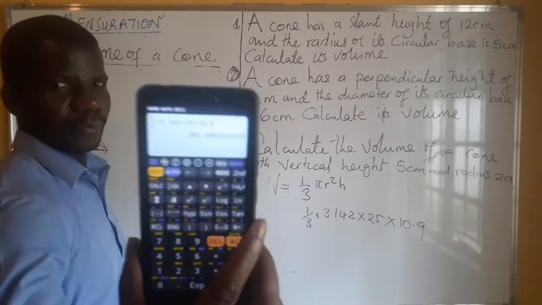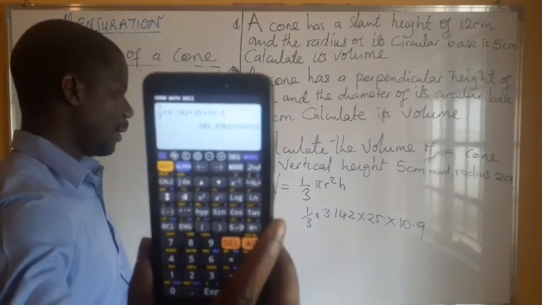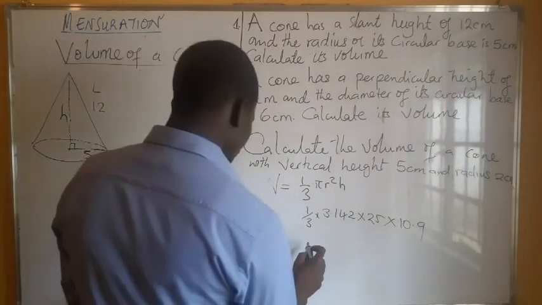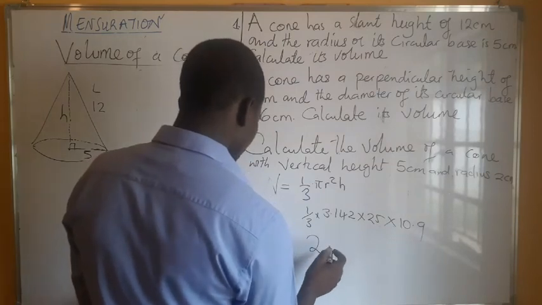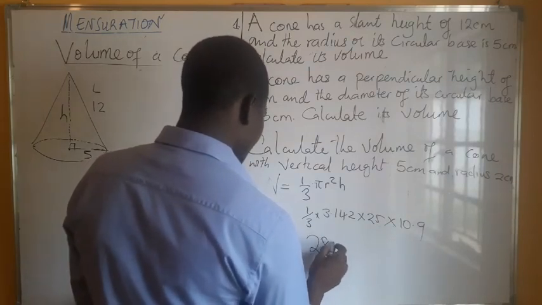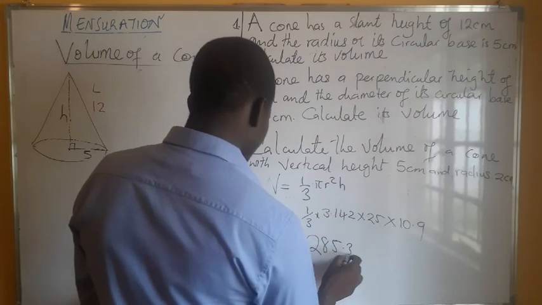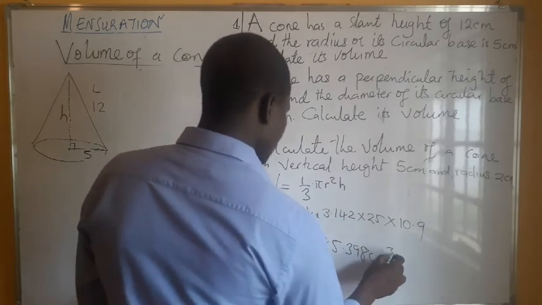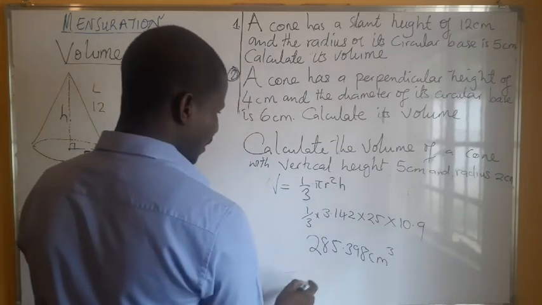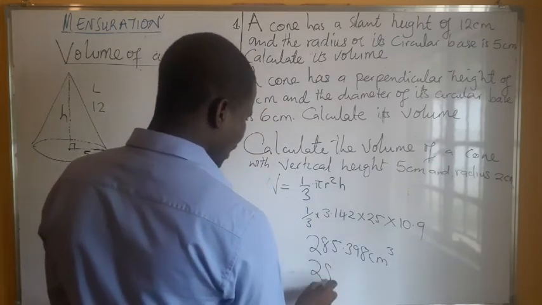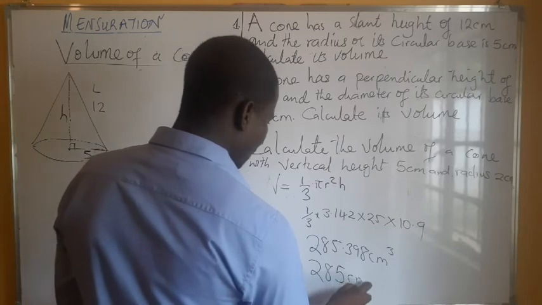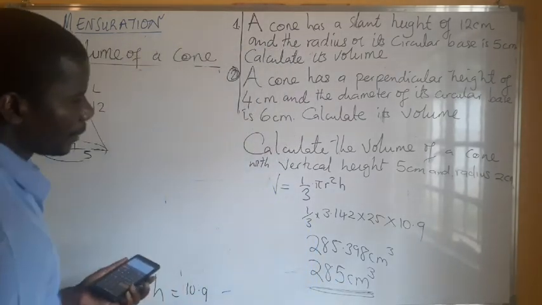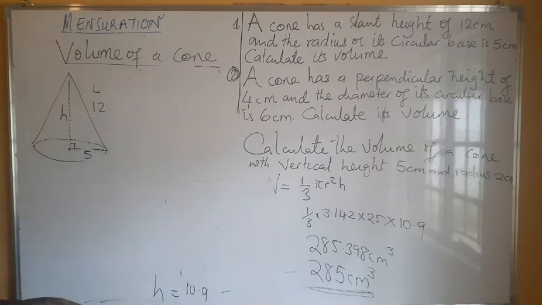This is what I'm getting. What are you getting? That's what I'm getting, which is 285.398. To 3 significant figures, it will be 285 centimeters cubed. This is what we are going to have.